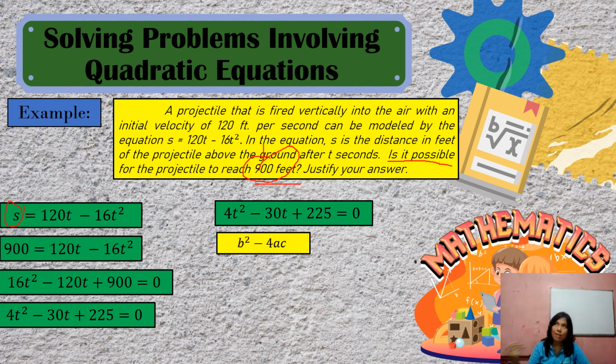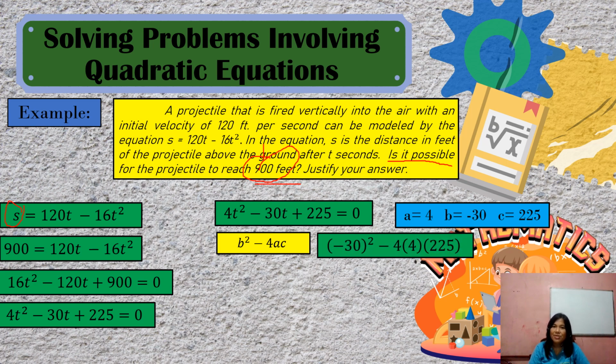If we come up with a real root, real, it is possible. So we can say it's possible because it's real. Let's look at the answer. Of course, before we use b squared minus 4ac, we need the values of a, b, and c. What are their values? Okay, is this your answer? 4, negative 30, and 225, respectively. Let's substitute. Check if my substitution is correct.